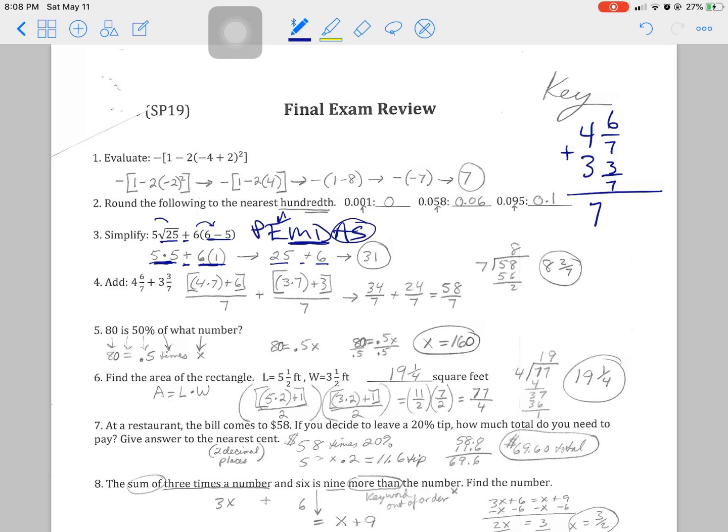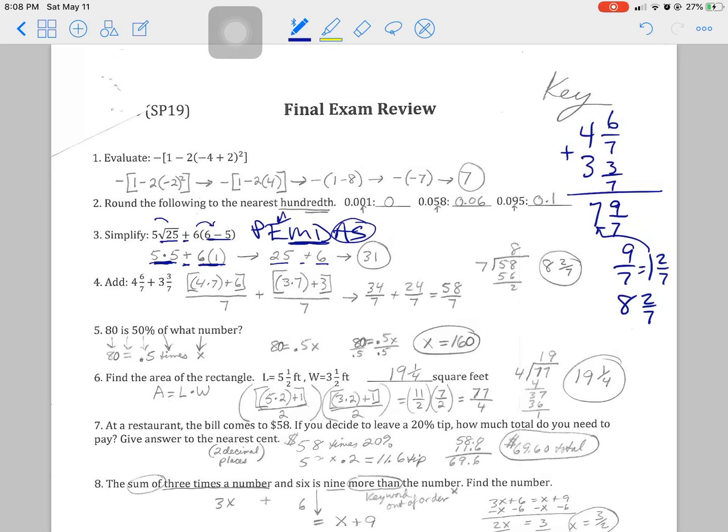You can add the whole number parts. And then this is 9 over 7. Okay? And then 9 over 7 is an improper fraction, that means you can take out a 1. So this is 1 with 2 sevenths left over. So we're going to add that 1 to the 7, and we're going to get 8 and 2 sevenths. Okay, so that's one way to do it.